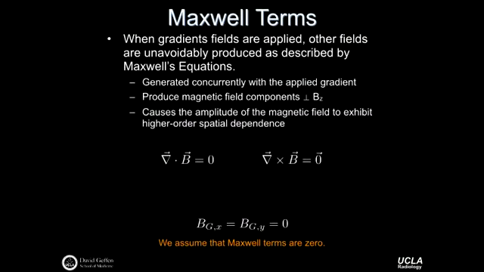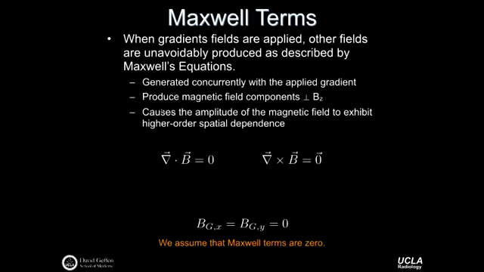This is one of the nuances I want to talk about, just for a second. Anytime we generate a magnetic field, we can't generate magnetic fields just along single, unitary directions. So when gradient fields are applied, there are always other fields that are unavoidably produced, and this is described by Maxwell's equations. They're generated concurrently with the applied gradient, meaning that when you try to create one field, you will, as a consequence of Maxwell's equations, be generating these other fields at the same time.